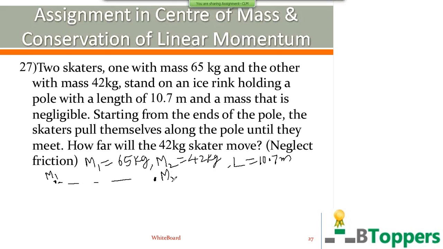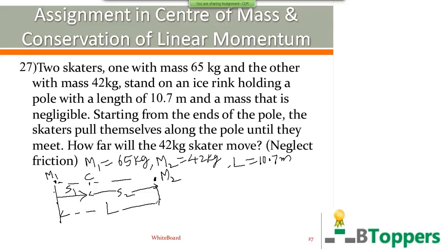We consider the two masses and the pole, all three, as one system. So they meet each other at the position of their center of mass. Let S1 be the distance moved by the first mass m1, and S2 be the distance moved by the second mass m2 when they meet each other.